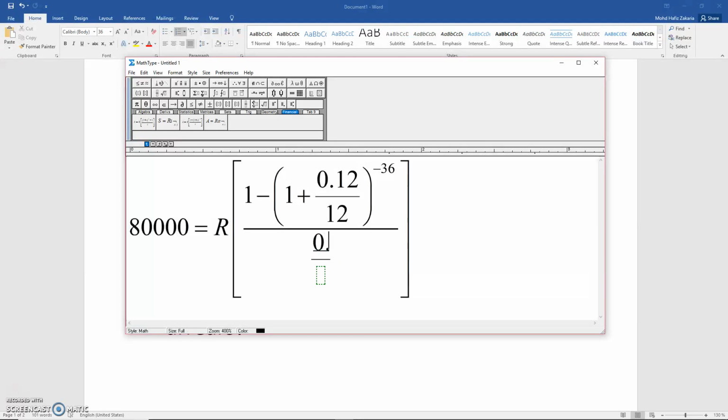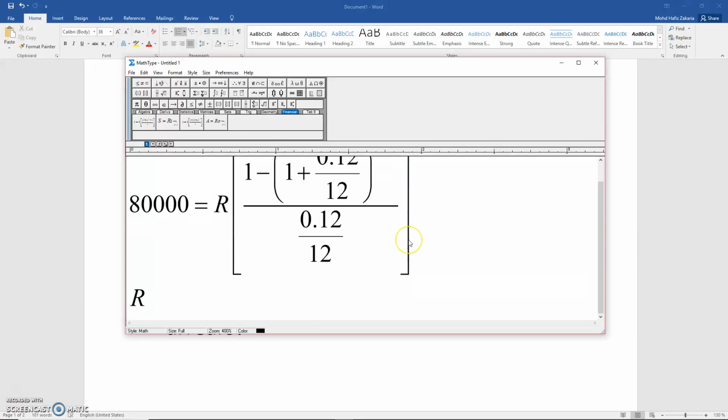Calculate it, and you should get the value of R equal to 2,657.14. So this is the monthly amount that needs to be paid by Rosalind.